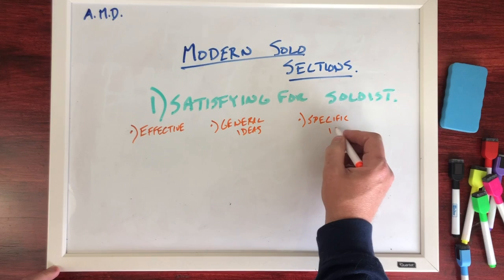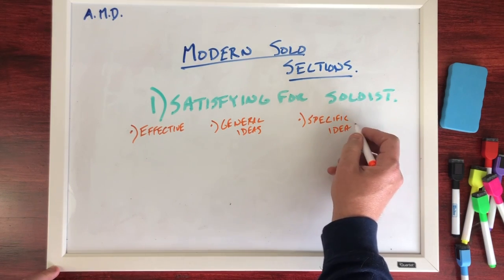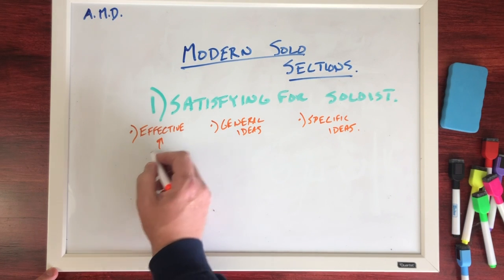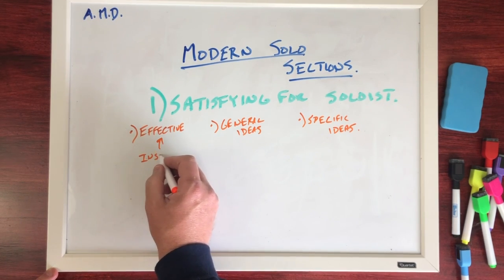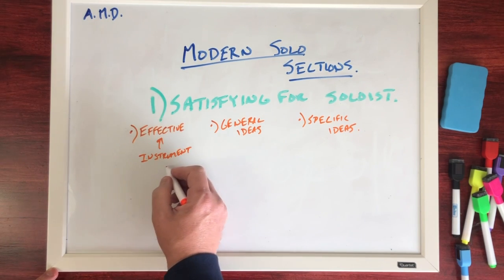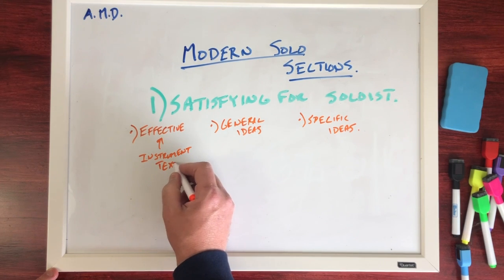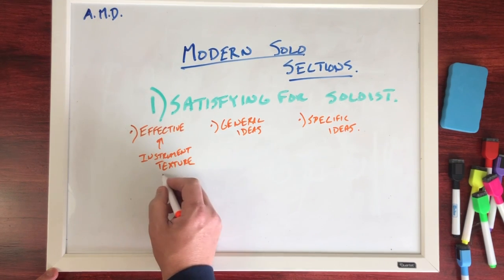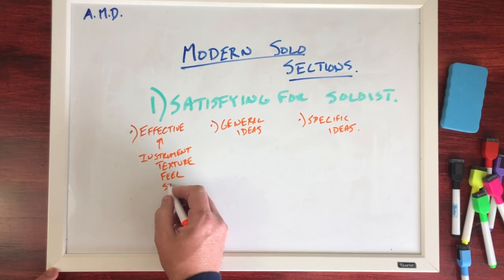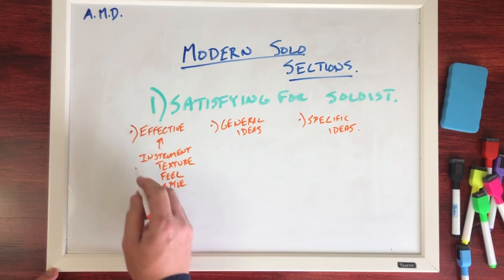I would make sure that as you begin to craft these modern solo sections, we have some ideas of things that will be effective, some good general ideas about what might guide the soloist, and maybe then some very specific ideas about who we're writing for and what will be effective for them. Generally, there's some ideas you can consider that are across the board when it comes to effective solo writing.